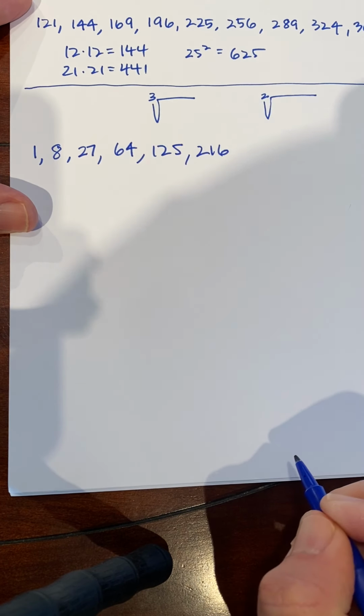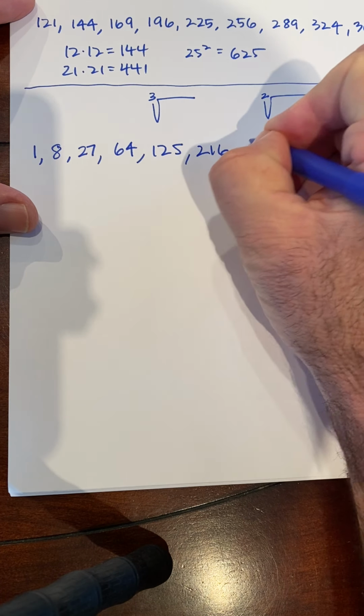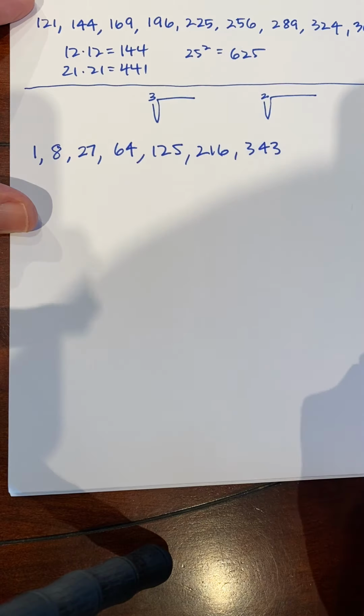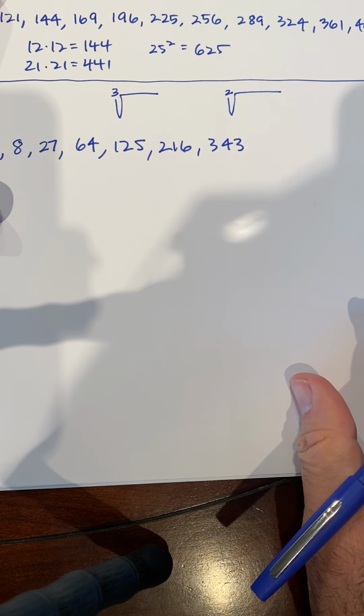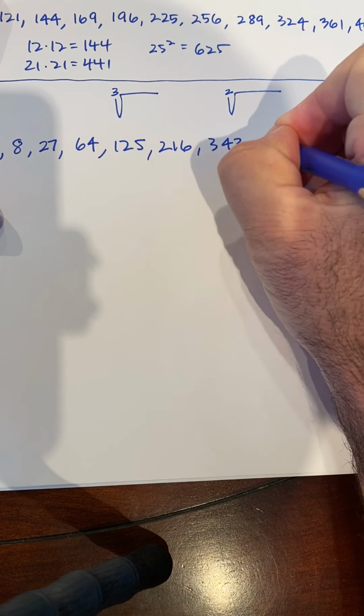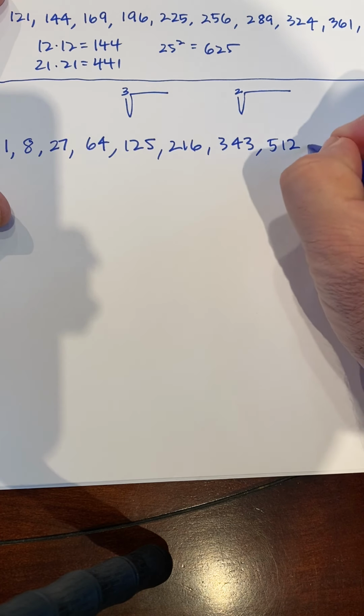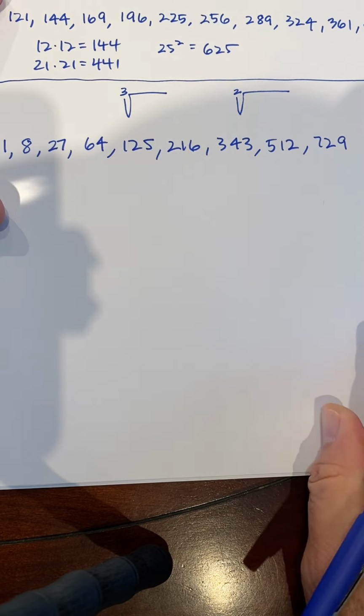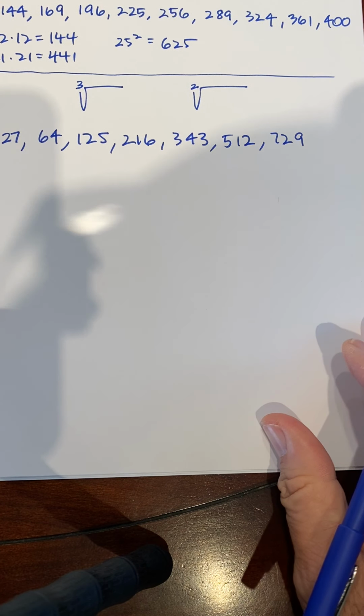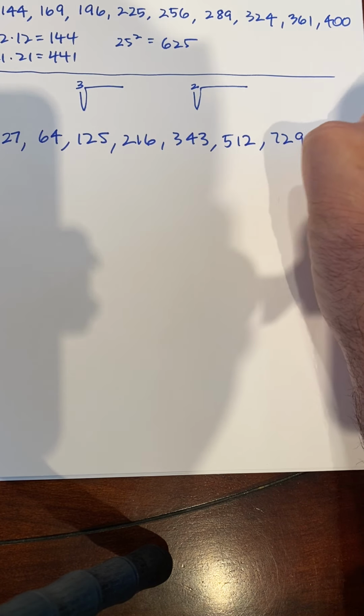216 is 6 cubed. 343 is 7 cubed. 512 is 8 cubed. 729 is 9 cubed, and 1,000.